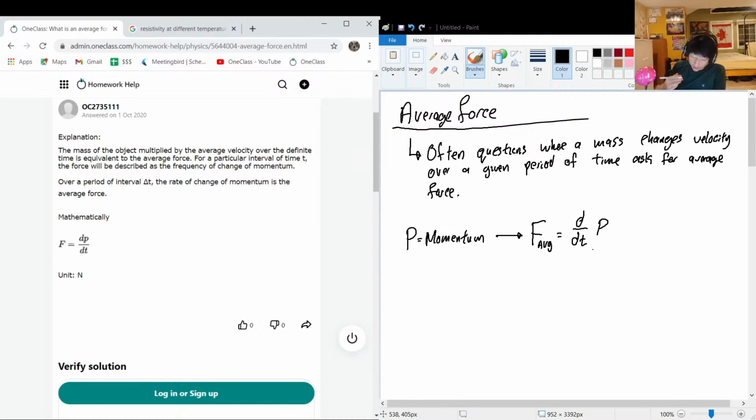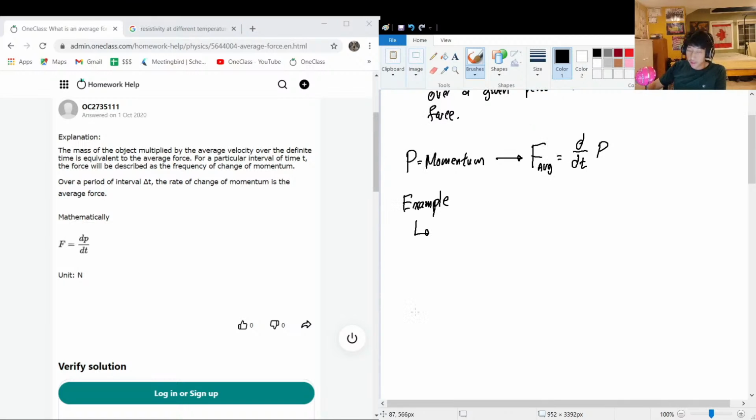So let's actually run through an example of where we would calculate an average force. Let's say for this particular example, we have a golf ball. A golf ball at rest makes contact with a golf club.